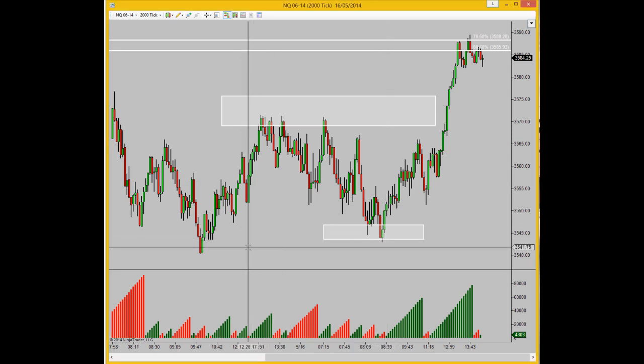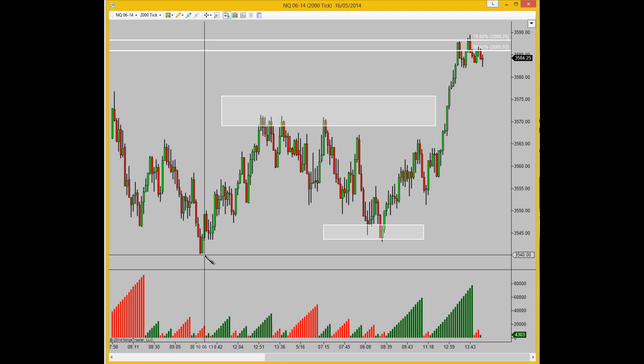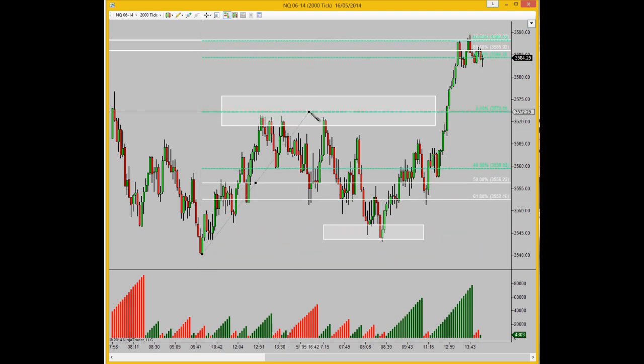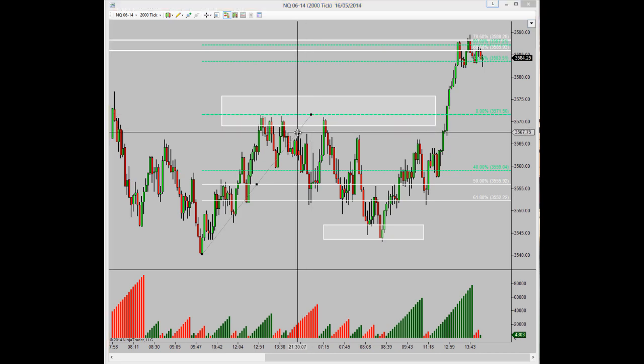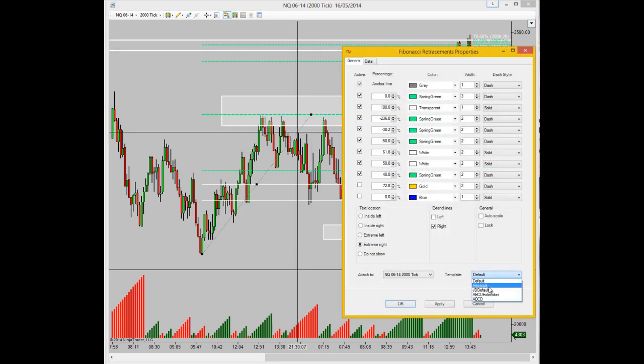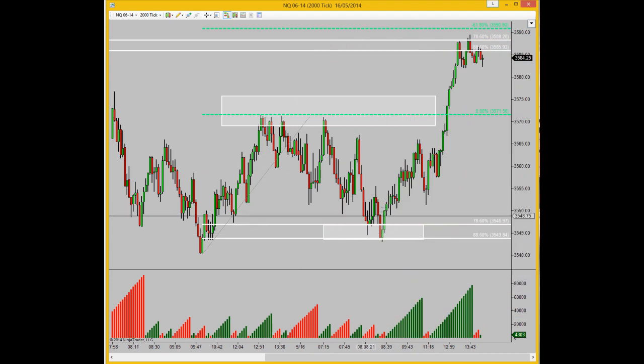Basically you can do the same as I did in the other chart, the 15-minute chart. I went from the low to the high, and I use my special reversal settings, and you see there you have your level, your zone.